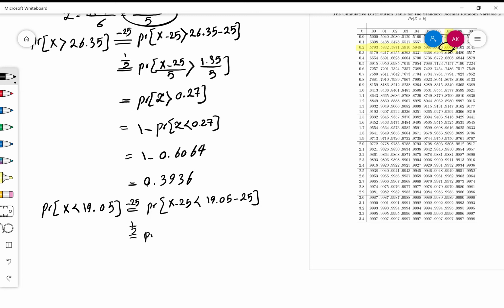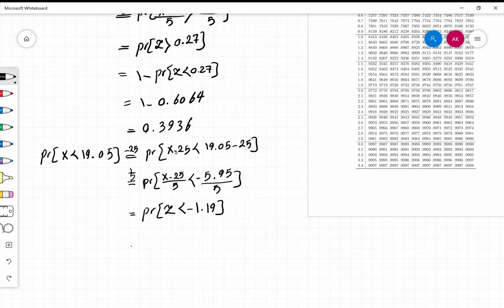This is the probability of x minus 25 over 5 less than, okay, so 19.05 minus 25 is negative 5.95, and then divided by 5. Okay, x minus 25 over 5 is Z, standard normal random variable, and this guy, negative 5.95 over 5, is negative 1.19.